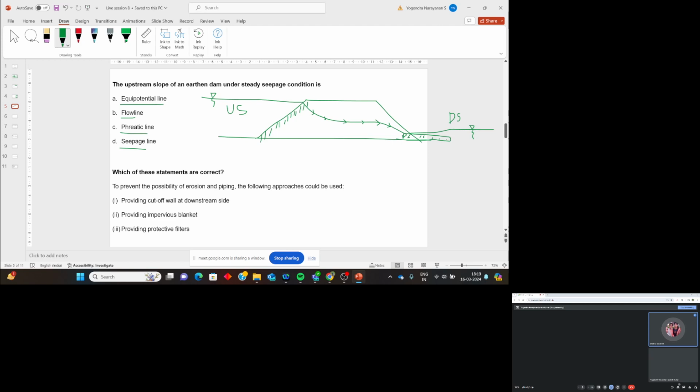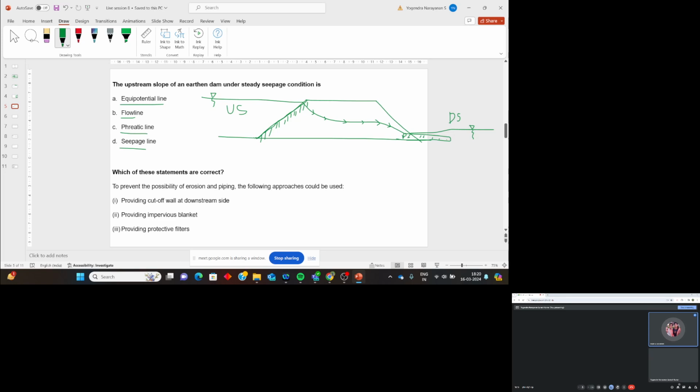It is perpendicular to the slope. Yes, sir. So which line is perpendicular to the flow line? Equipotential line. And one more thing. This is one argument. Second argument for why it is an equipotential line: you keep a piezometer here.